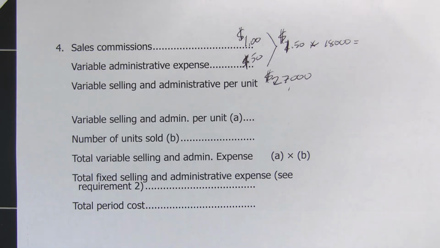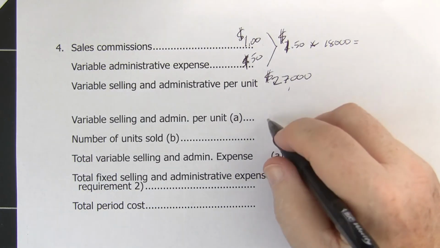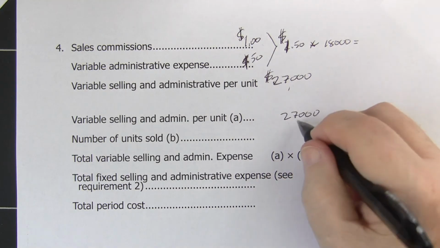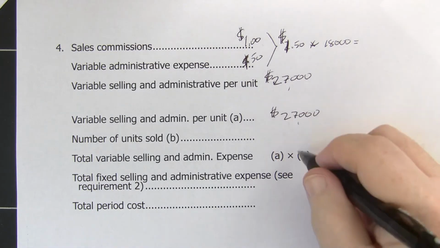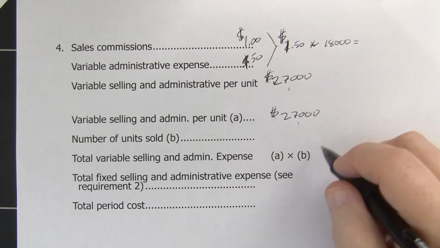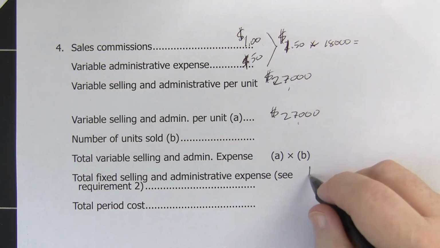Our fixed selling and administrative, and we got this from part 2 of the problem, we came up with $120,000. I'm going to bring this 27 down so it's handy. And then our fixed is 120,000.